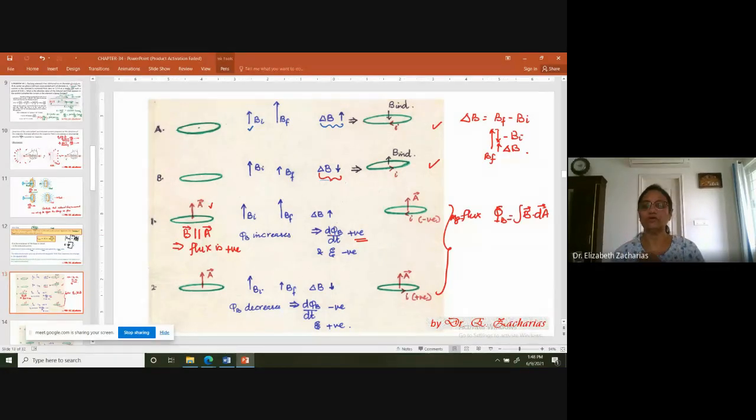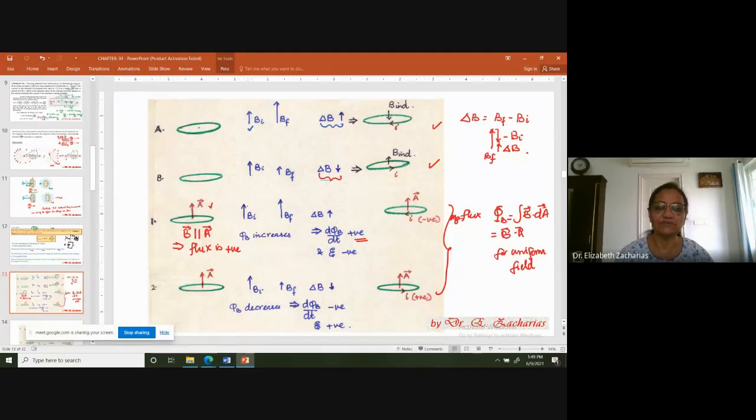Flux is integral B dot dA, and if it is a uniform field, you can also write it B dot A. That means whether B dot A or integral B dot dA is positive or negative depends on the angle between B and A. If the angle between B and A is 0, if B and A are parallel to each other, we will fix our A so that it is parallel to B.